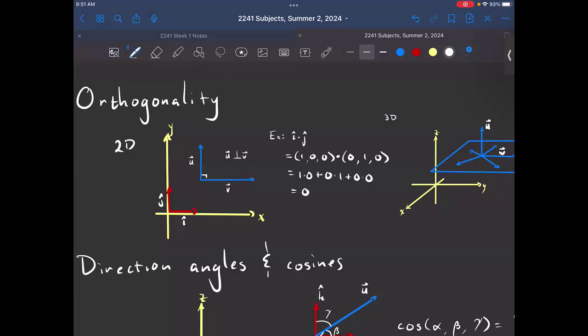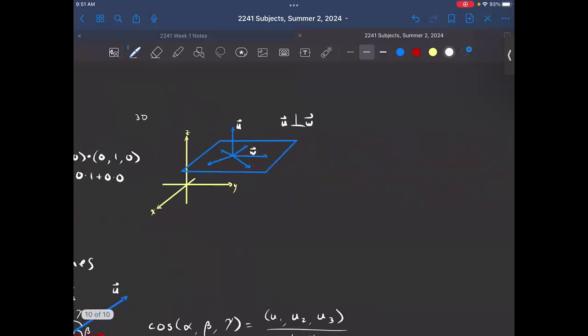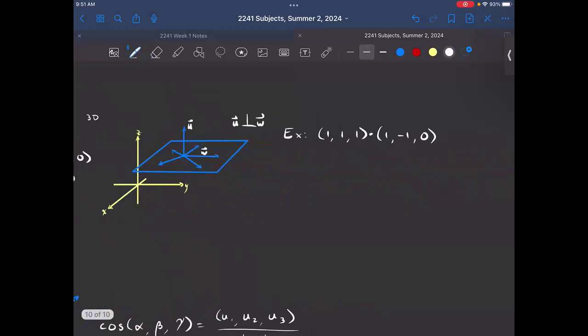Let's say something like, what's a good one here? How about, I think this will work. Let's do 1, 1, 1 dot 1, negative 1, 0. I believe that'll work.